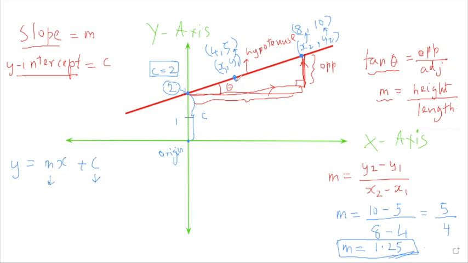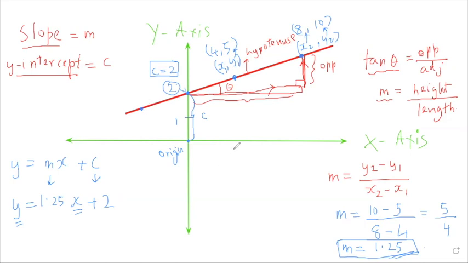So for this particular line, whose slope is 1.25, we can write the equation as y is equal to 1.25x plus c, that's 2. Now, you're probably asking me, what are x and y? X and y are any points, any two random points on the line, anything, okay?